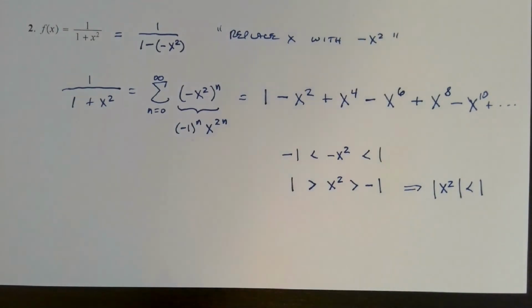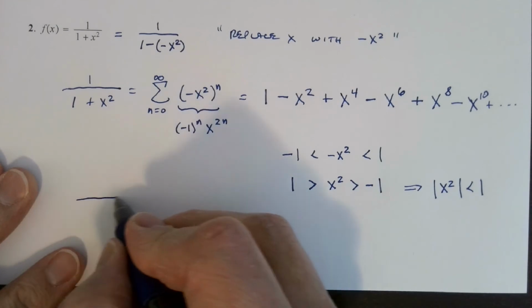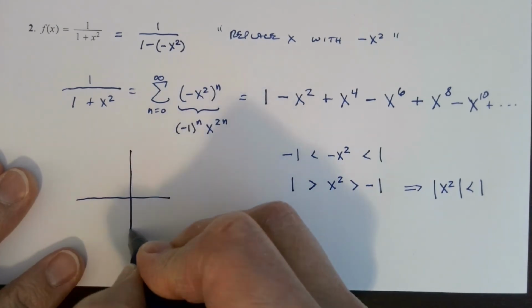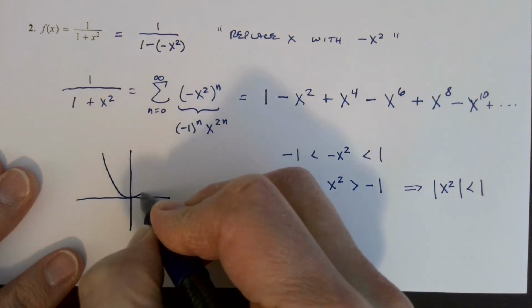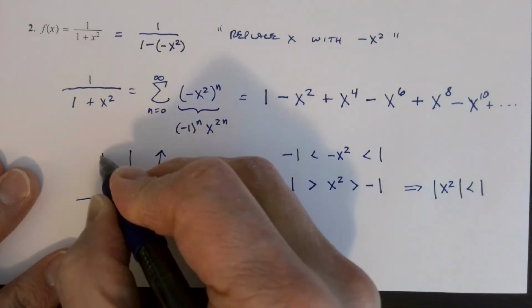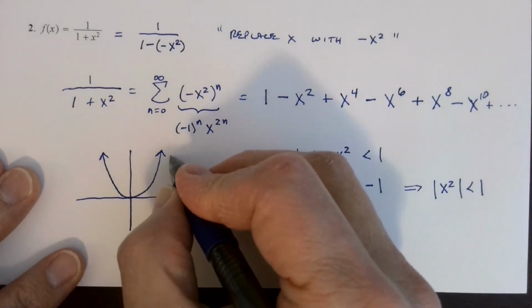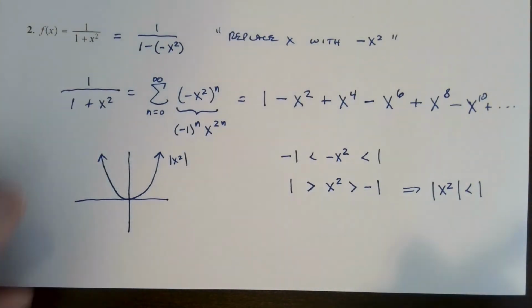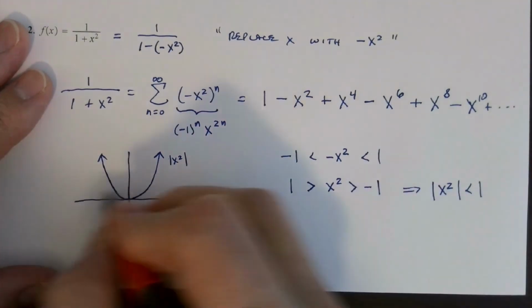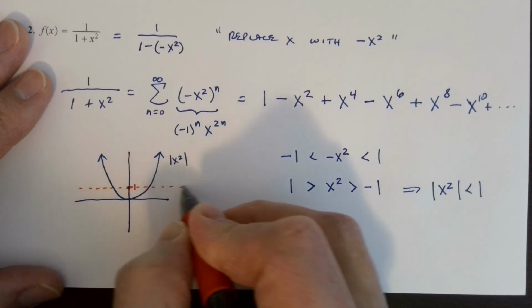And if you look at that, just think about the graph of x squared. We know what that graph looks like. So what does the absolute value of x squared look like? The same thing, because x squared is always non-negative. And we were saying what has to be less than 1. So here's y equals 1.